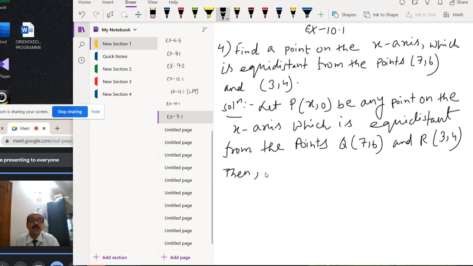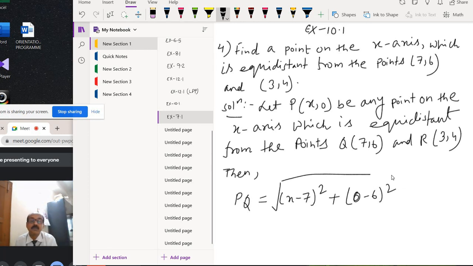So first to find PQ, use the distance formula. P is x comma 0 and Q is 7,6. So PQ is the square root of x minus 7 whole square plus 0 minus 6 whole square. Calculate this first.